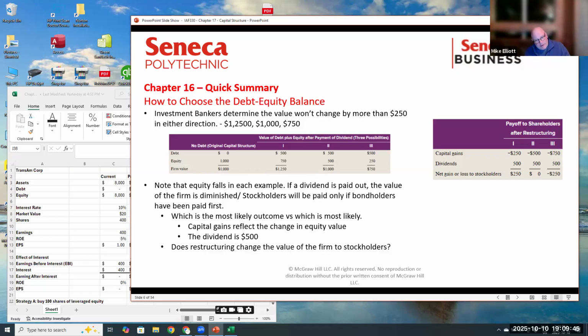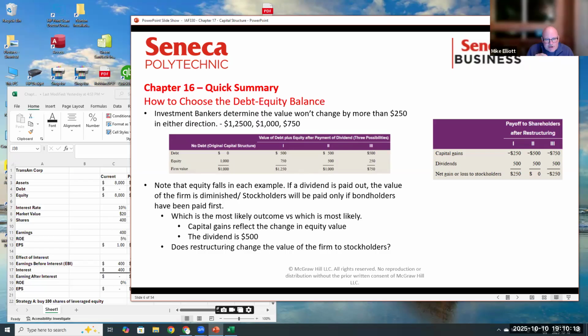And the other alternative is we issued debt, and then we started paying stuff out, and then bad things happened, and our equity fell in value, and now we're only worth $750. So those are the three things that could happen. What's the most likely outcome? Capital gains change to reflect the equity value of the company.